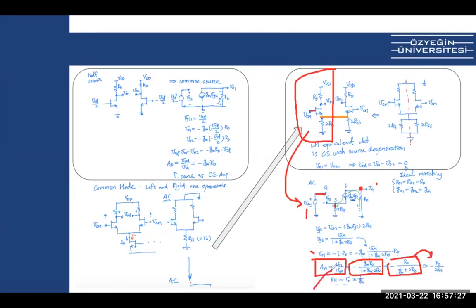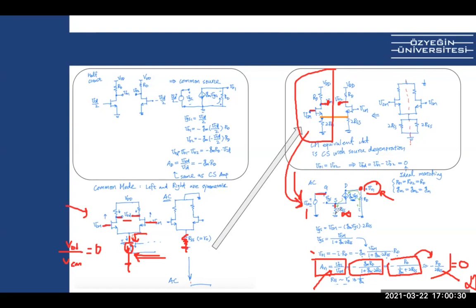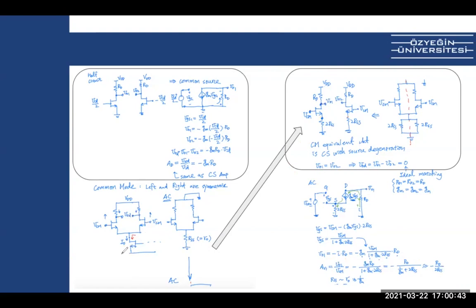So you apply a VCM and you look at Vout1, and Vout1 divided by VCM is called common mode gain. If we have a current source here, this RSS is huge, so that your output in the case of the common mode signal applied is 0. But if it is not an ideal current source, which is never the case, it's always a transistor, so we always have a common mode gain.